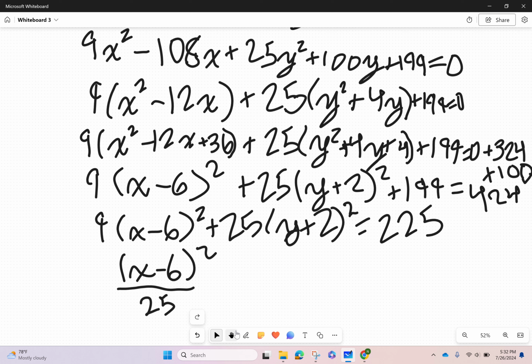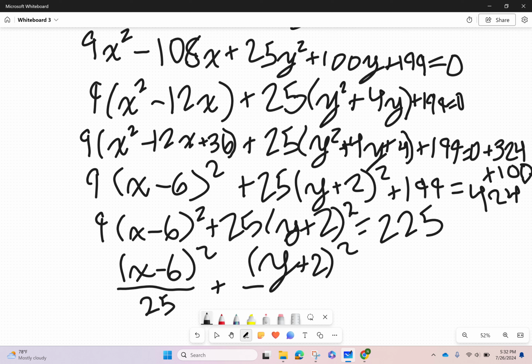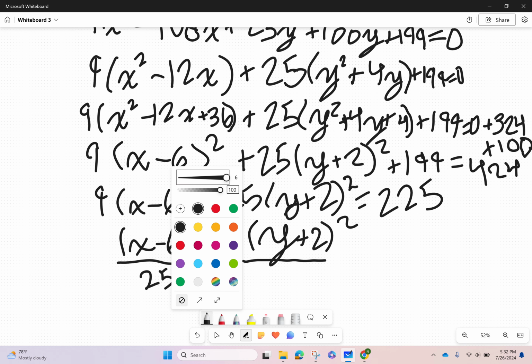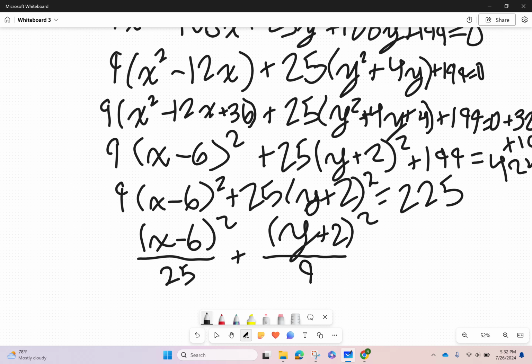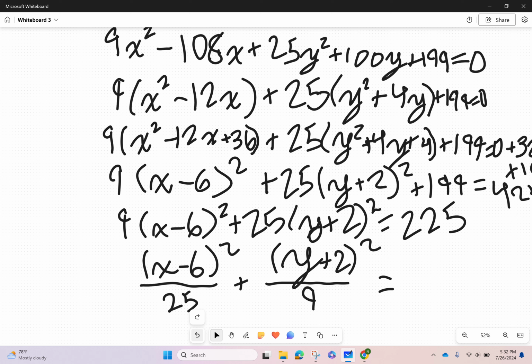So there's an imaginary 1 right here over 25, plus, now we'll do the same thing with our y plus 2 squared over 9, because 225 divided by 25 should give you 9. And then we keep our constant 225. Oh shoot, nope, that's not still 225 because we divided by 225. That is now 1. Boom.